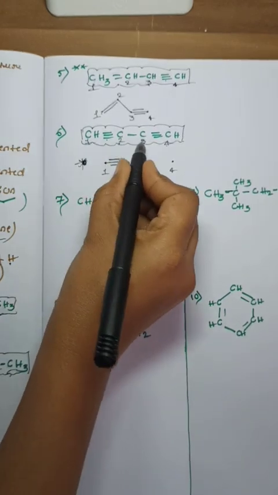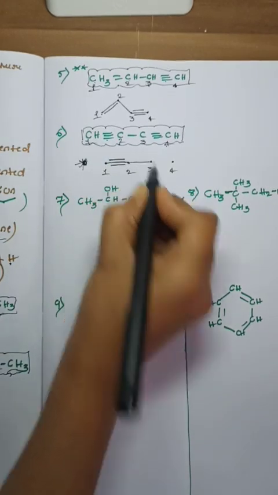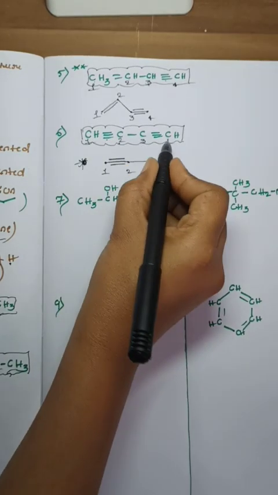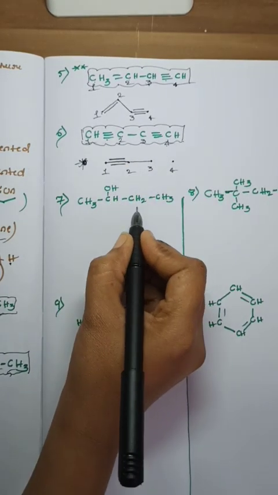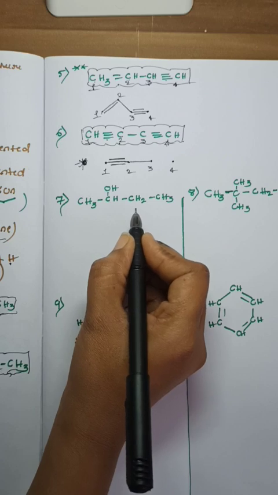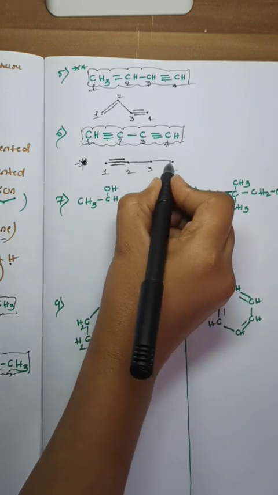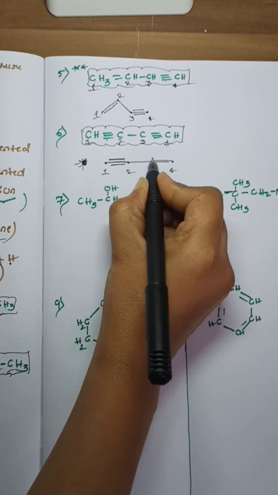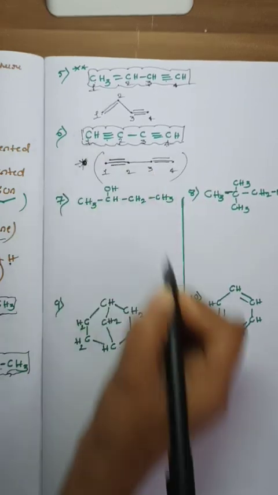Next, make a bond between the second and third carbon, and between the third and fourth carbon a triple bond is present, and we know that a triple bond we always have to write in a straight line. Like this. This is a bond length formula for this sixth one.